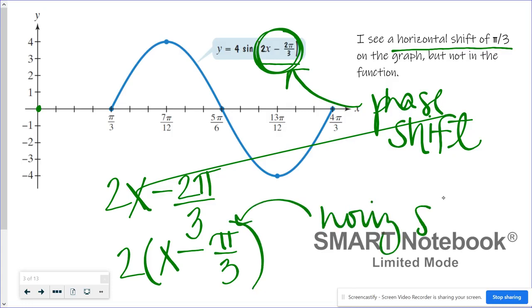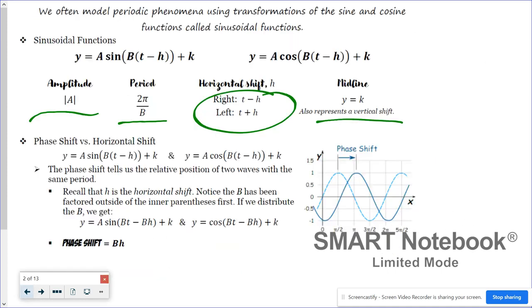Okay. So going back to the previous slide, phase shift versus horizontal shift. Our eyes see the horizontal shift when we look at a graph. The horizontal shift can easily be identified if we factor what's inside the parentheses.